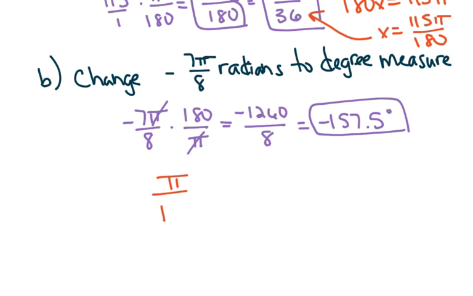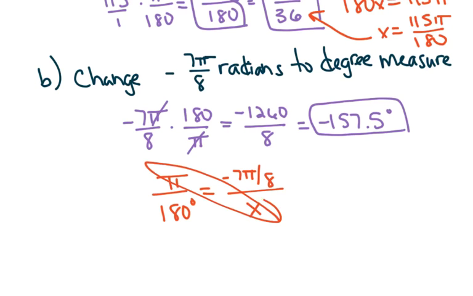Now the other way you can do it is you can go back to this proportion where you've got radians over degrees is equal to radians over degrees. You end up with the same answer because you're going to get pi times x is equal to 180 times negative 7 pi over 8. Now notice that I'm not plugging pi into my calculator. I'm not converting it to 3.14. I'm leaving the actual Greek letter pi in my answer.